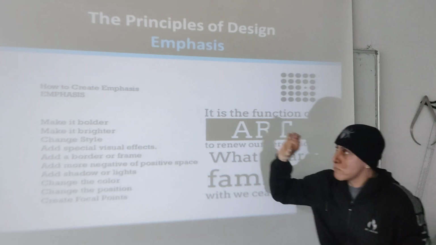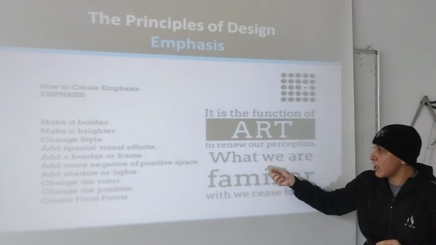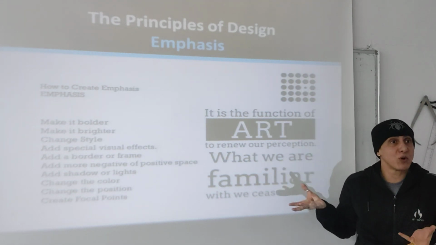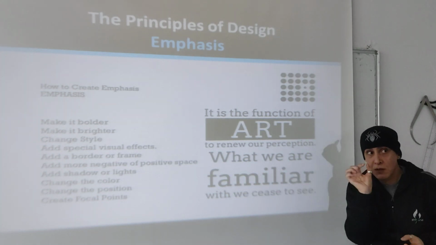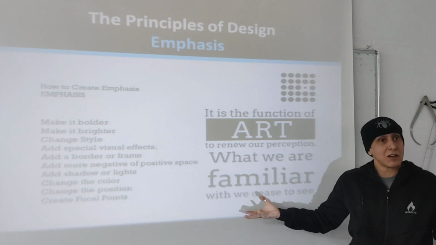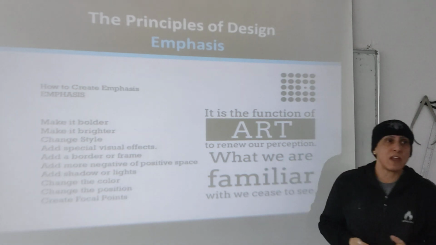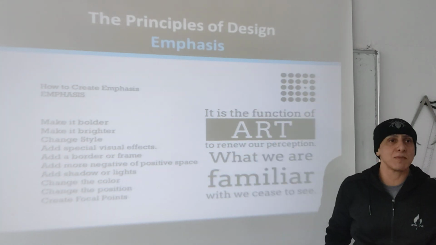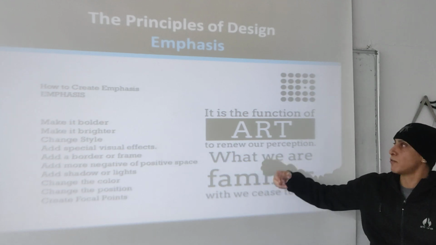Now, with the same font type and size, if I just make it bold. What's bold? The lines that we see become black and thick and heavier. So making a text bold creates emphasis, even if it's the same size and everything else is the same, same color, same everything. Making it bold creates emphasis.